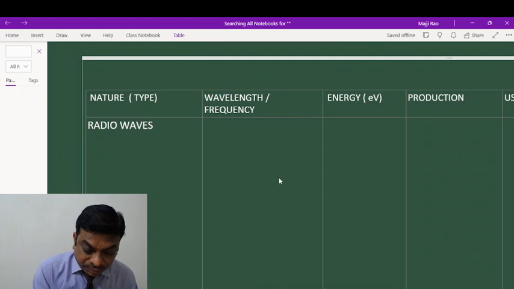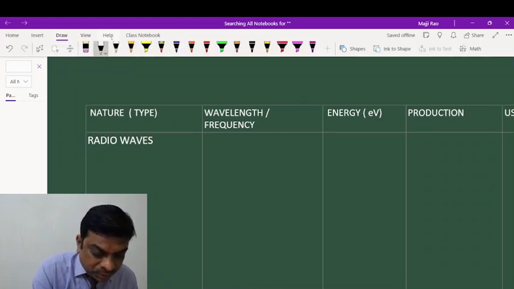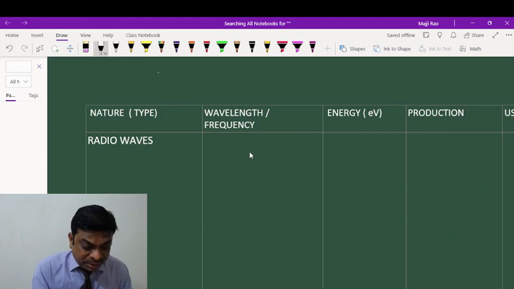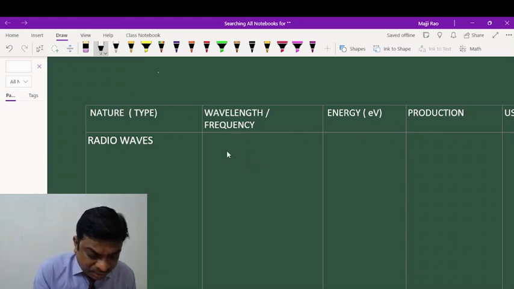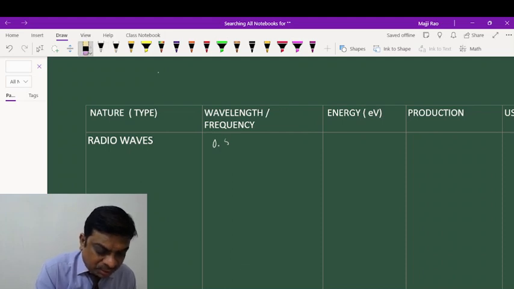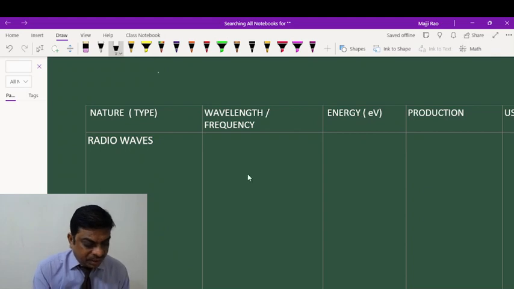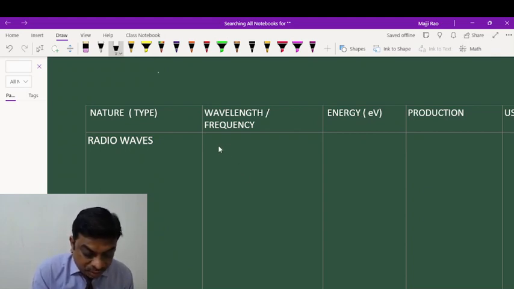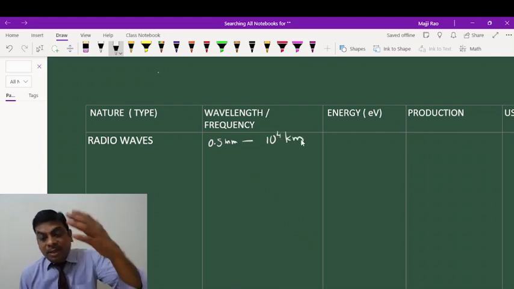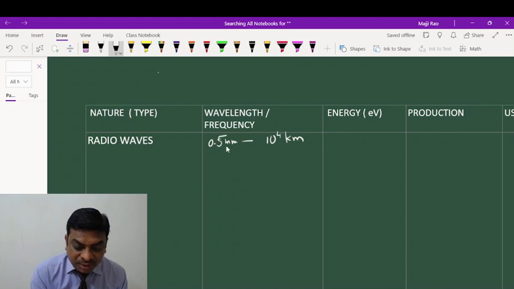Now you can see, students, since we are discussing radio waves, the wavelength could vary from 0.5 millimeter to maybe 10 to the power 4 kilometers. So it can span up to several kilometers. This is the wavelength I am writing, students.